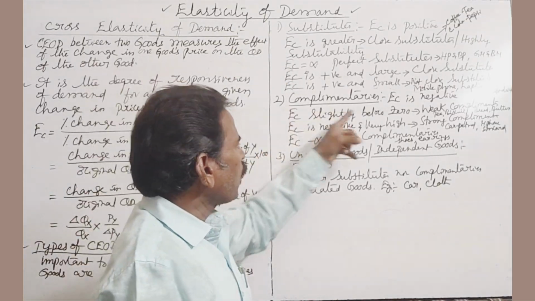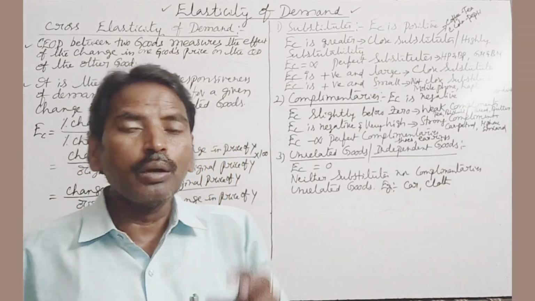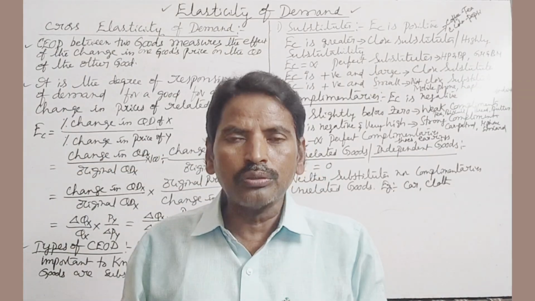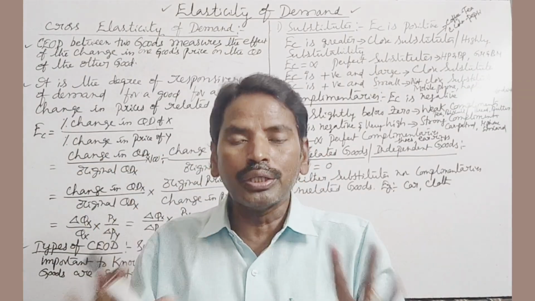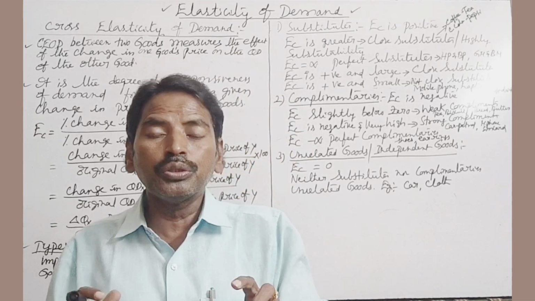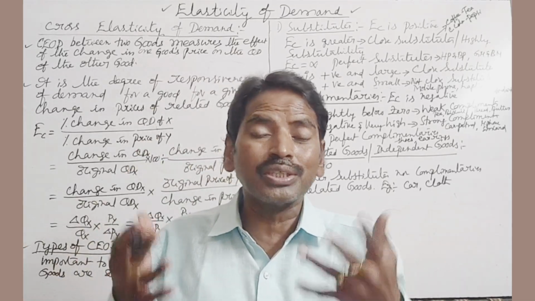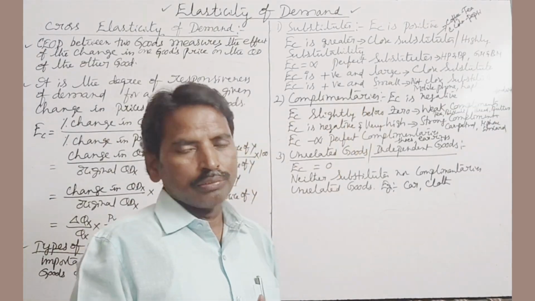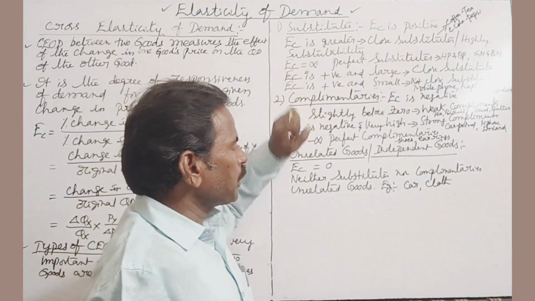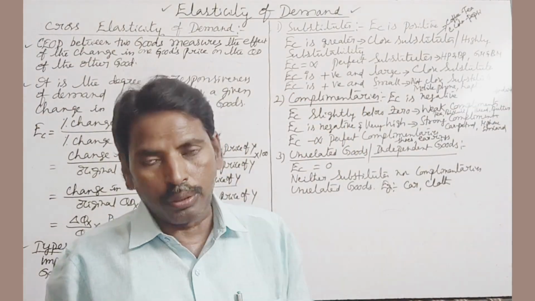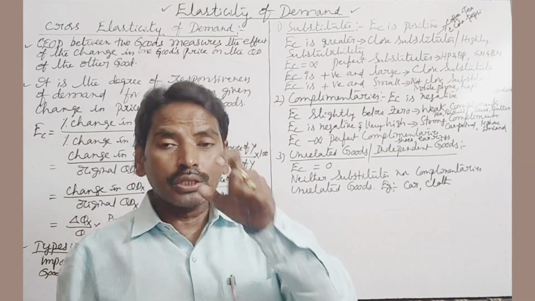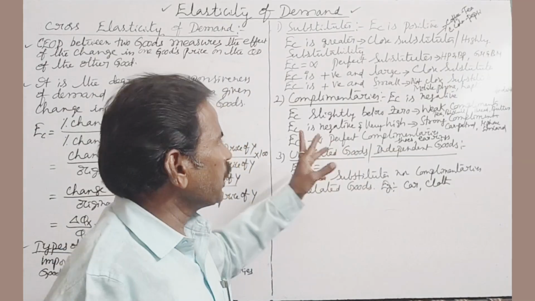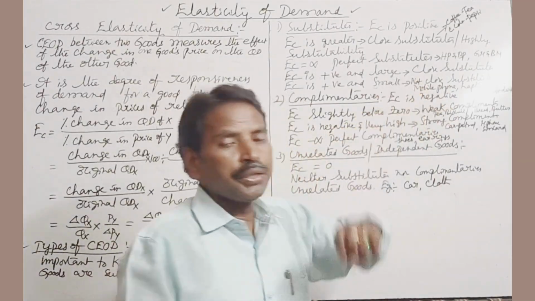The second one is complementaries. Complementary goods are those goods which are used jointly, consumed at the same time, simultaneously. For example, car and petrol, hardware and software. Here, EC is negative.